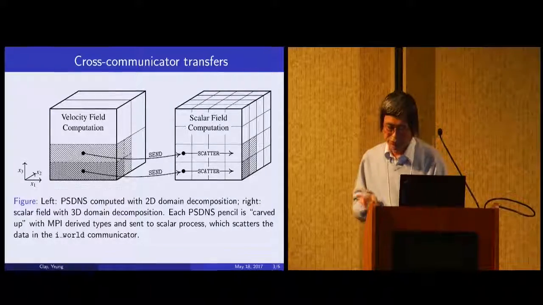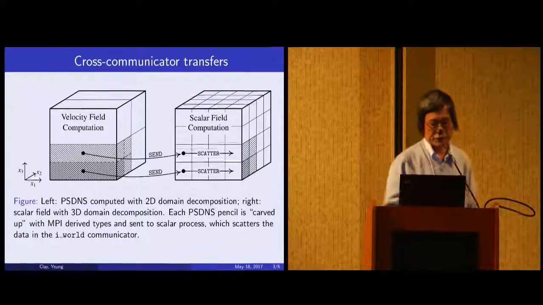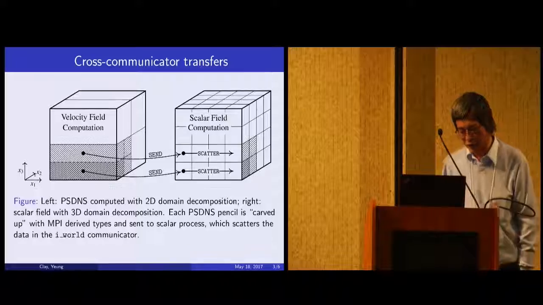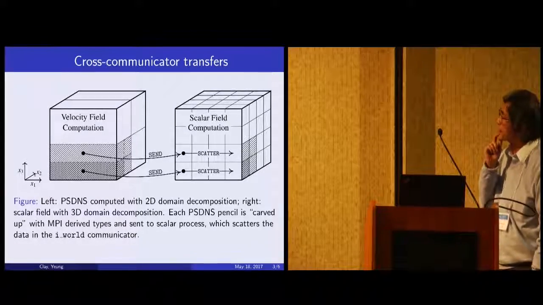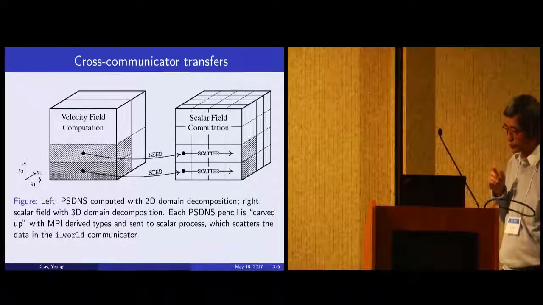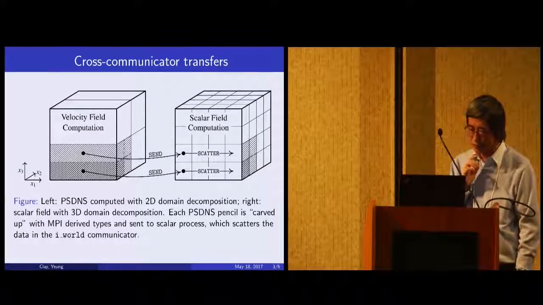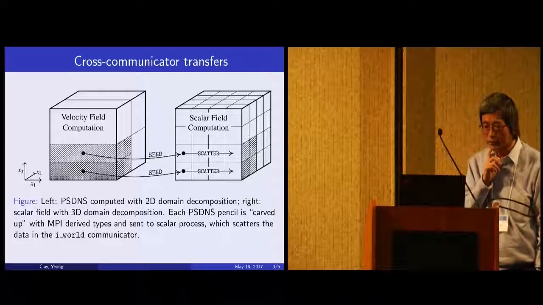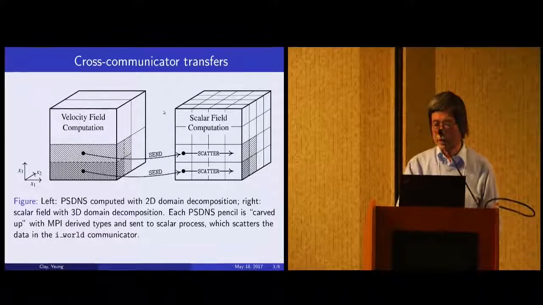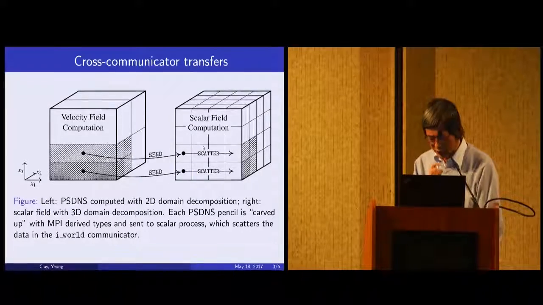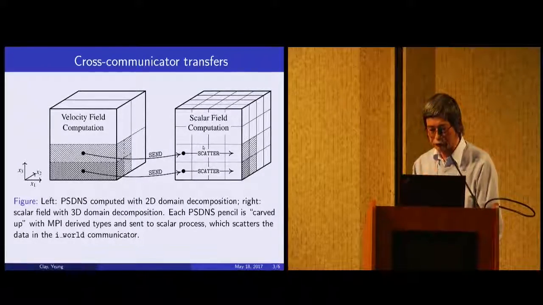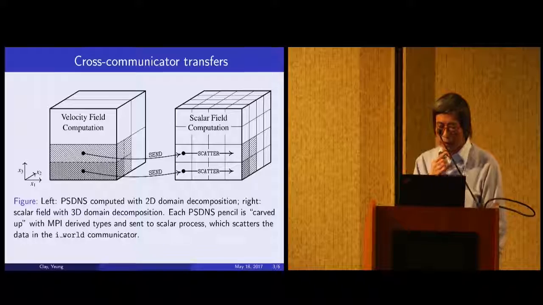Actually, to be honest, we borrow the practices of some researchers in Japan. But the advantage is that for a three-dimensional domain decomposition, there is no transpose involved, as opposed to, let's say, three-dimensional FFTs.